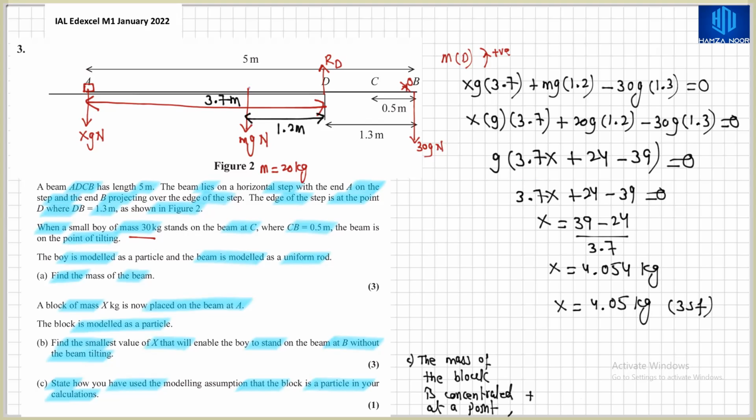Or we can also say that the weight acts through a single point. So we can make equivalent statements over here. So this was part C for 1 mark. So this was question number 3 of International A-Level Edexcel M1 January 2022 paper.